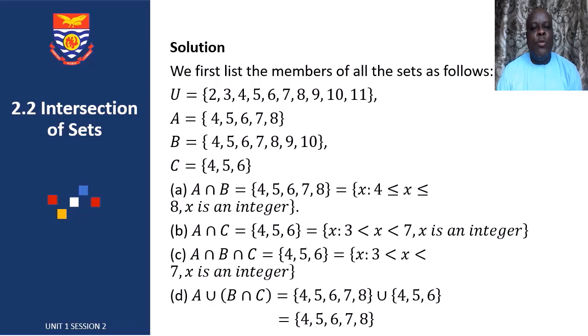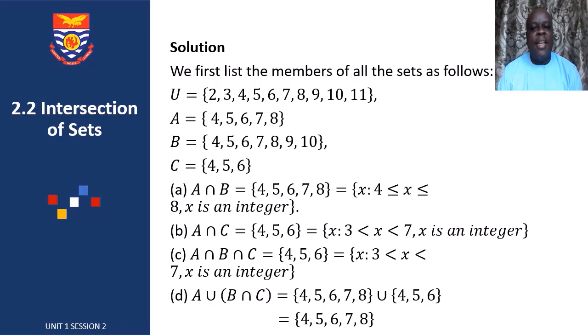We move on to the third one, where we now want to find the intersection of all the three sets, A intersection B intersection C. And so we are going to consider all the elements that are found in A and at the same time found in B and again found in C. And we realize that those elements are 4, 5, and 6.